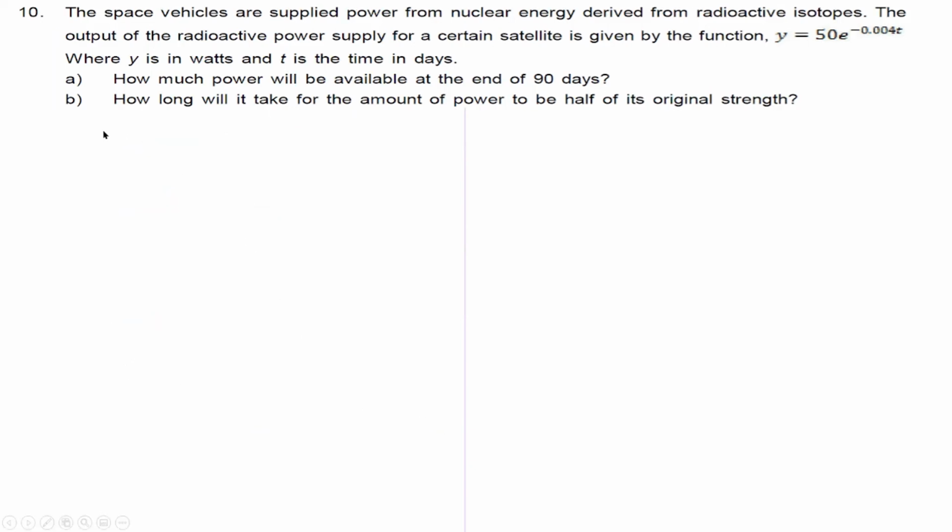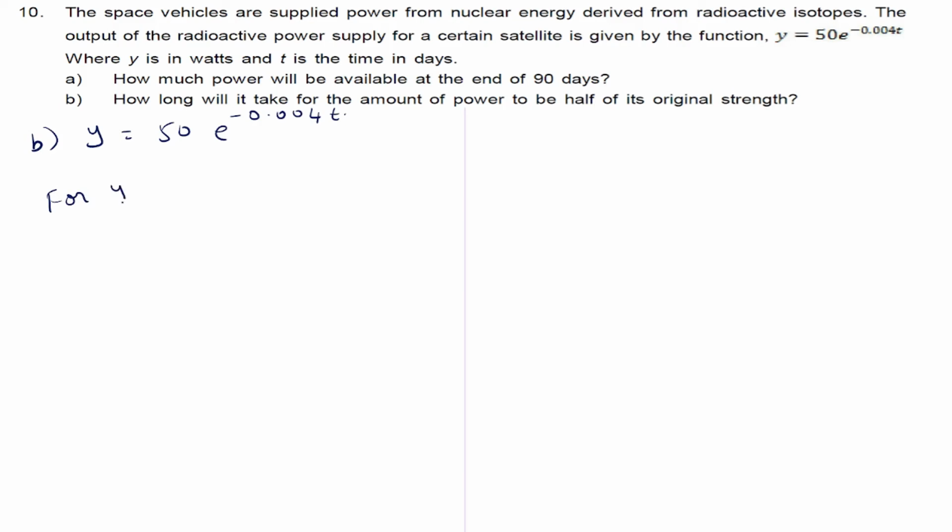Now moving on to the second subdivision: how long will it take for the amount of power to be half of its original amount? We have y equal to 50 e raised to minus 0.004t. Here the initial amount is 50. Now we need to find the time taken for the power to become half its strength.